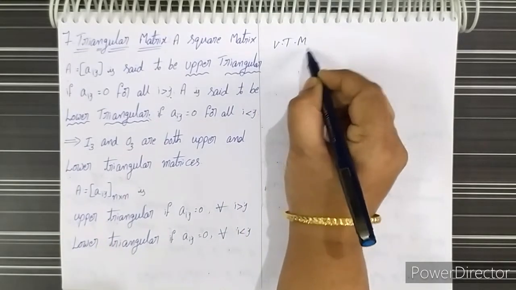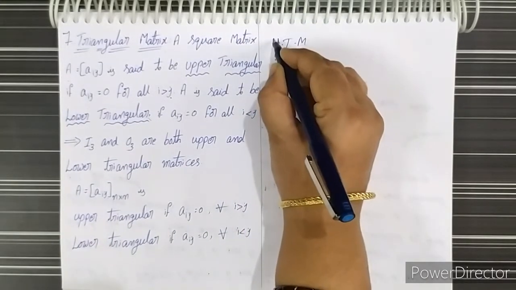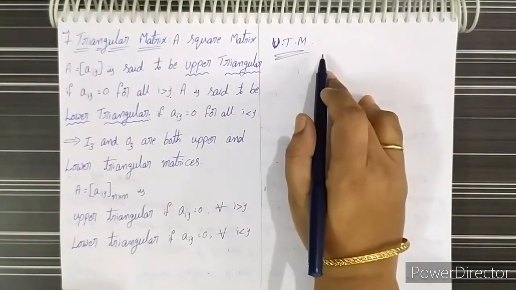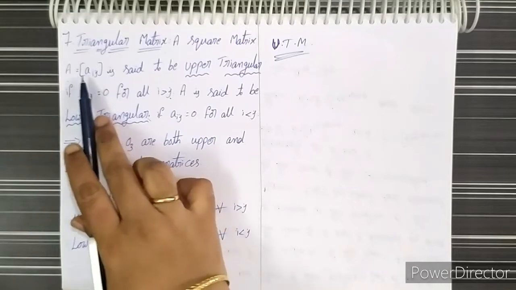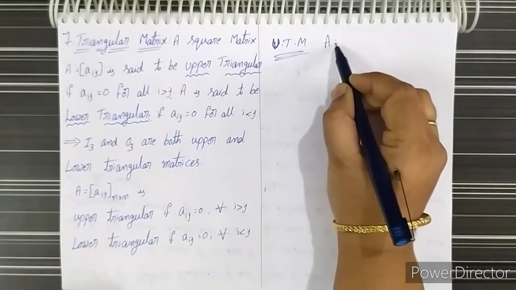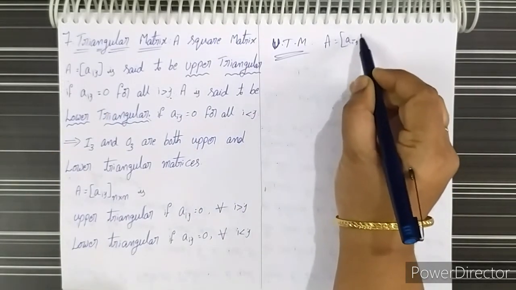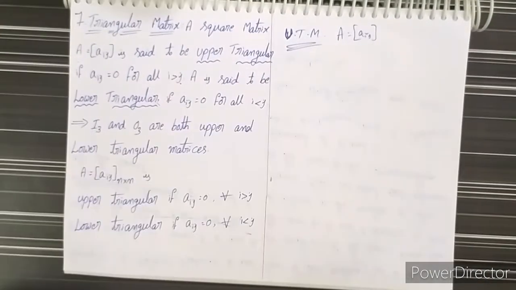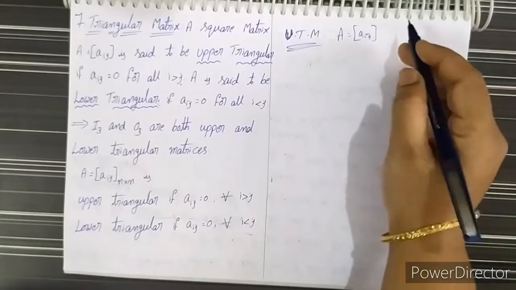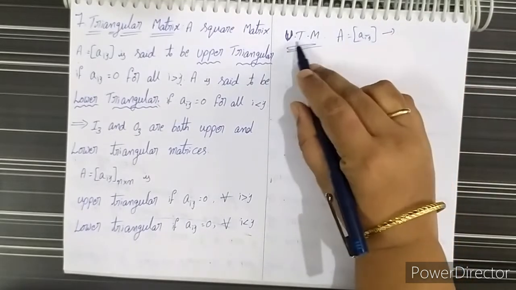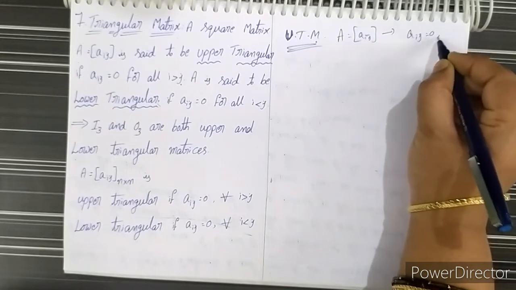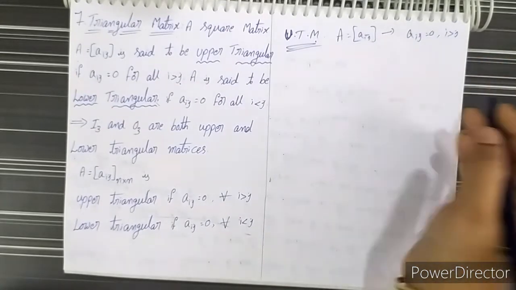Upper triangular matrix. Upper triangular matrix means a square matrix A equal to [aij] is said to be an upper triangular matrix if aij equal to 0 for i greater than j.